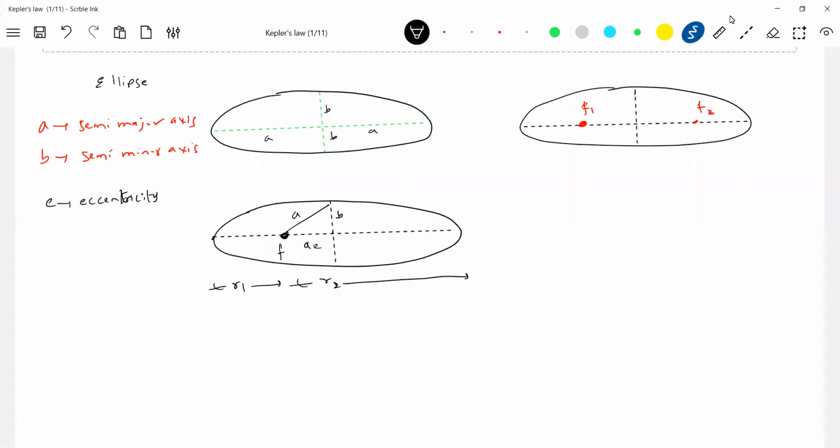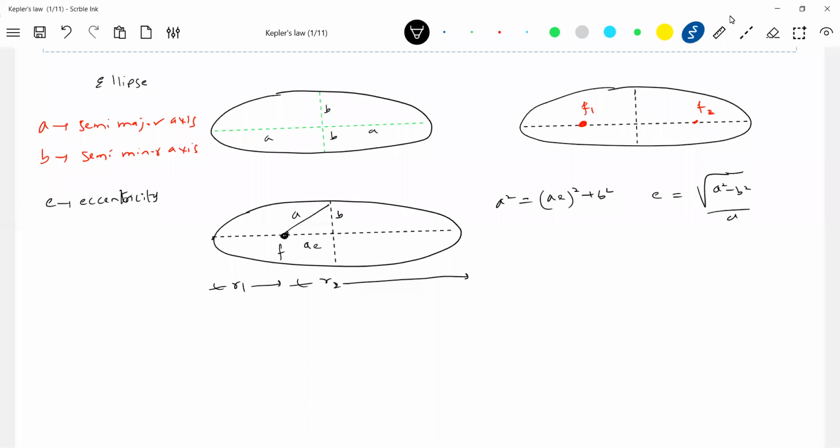If I go for geometry, it will be a²e² plus b². Or you can write an expression for b or a, or the eccentricity in terms of a. All of this you are going to learn in mathematics, I'm just making you aware because I'll be using these things.